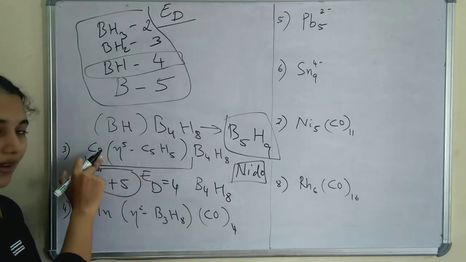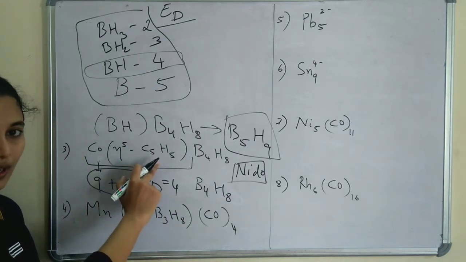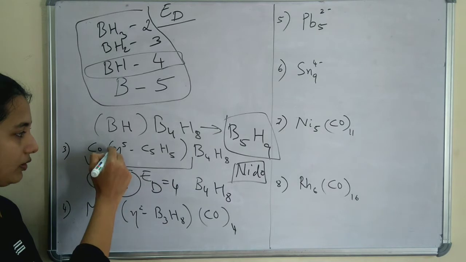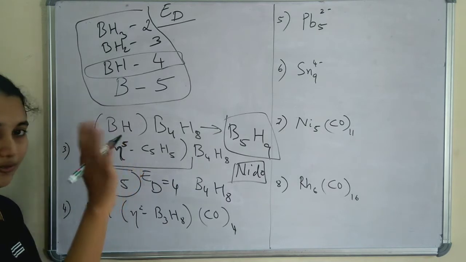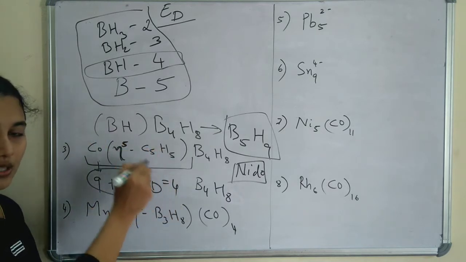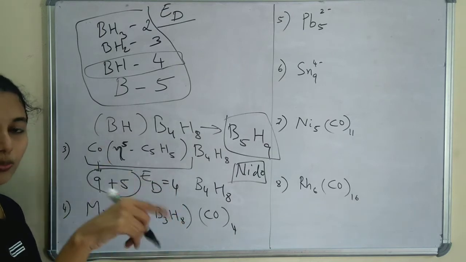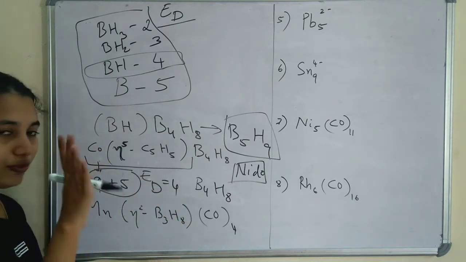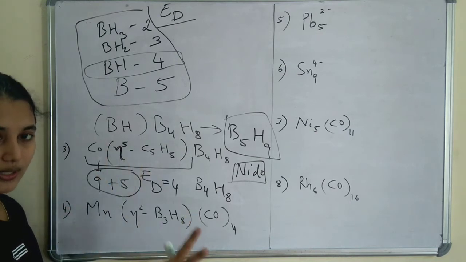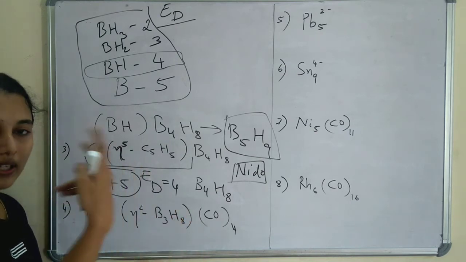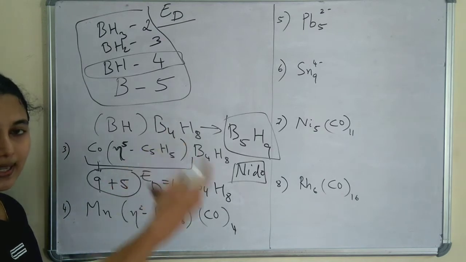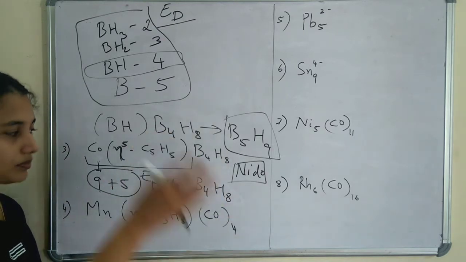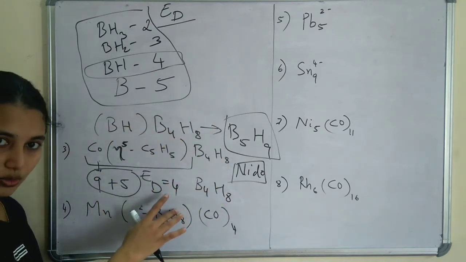Here cobalt has 9 electrons and C5H5, given as η5, will donate 5 electrons. So 9 plus 5 is 14, and 4 more electrons are needed to attain 18. So 4 is the electron deficiency.